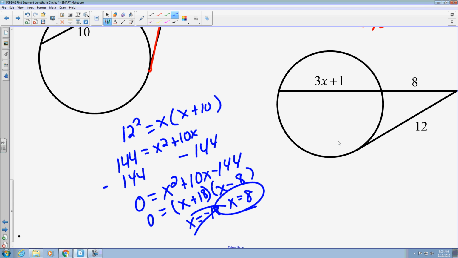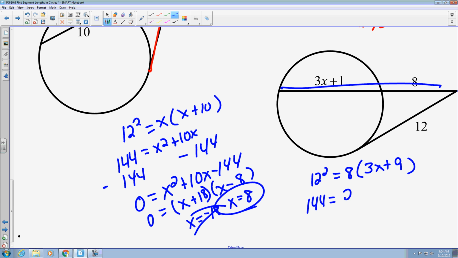Finally, we have another tangent, which is at 12. So again, this is 12 squared also. And it's going to be equal to 8 times the sum of the entire line segment. So combining like terms is going to be 3x plus 9. So 1 plus 8 is 9. So 144 is the square of 12.